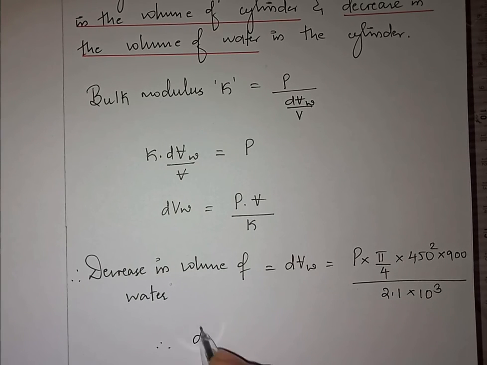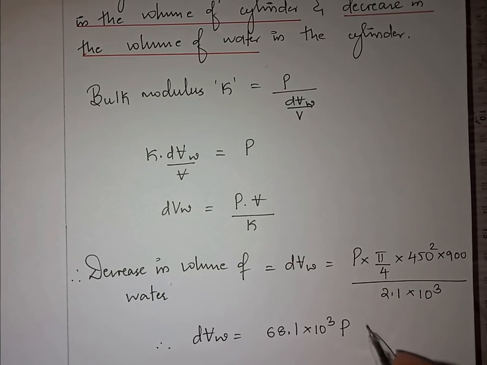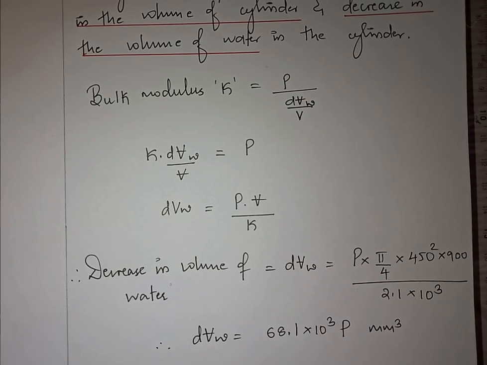So therefore the decrease in volume of water is 68.1 into 10 raised to 3 P. So the unit will be mm cube, right?